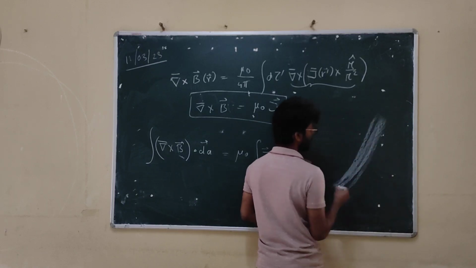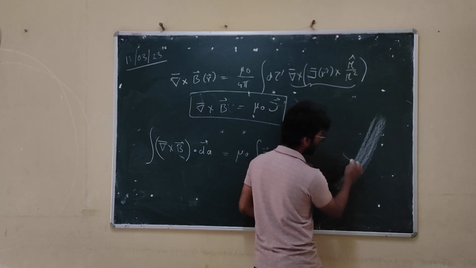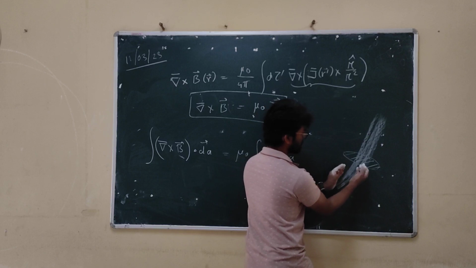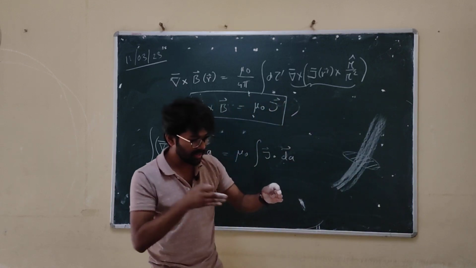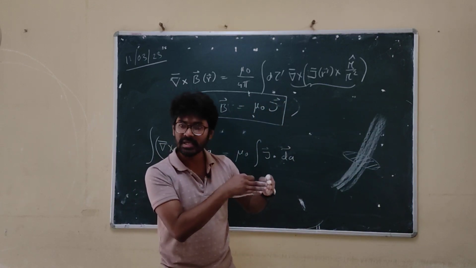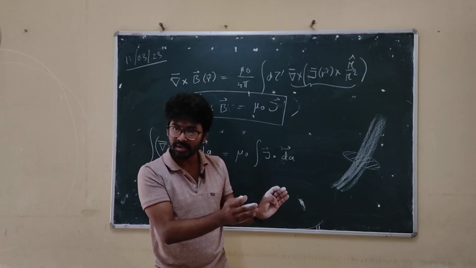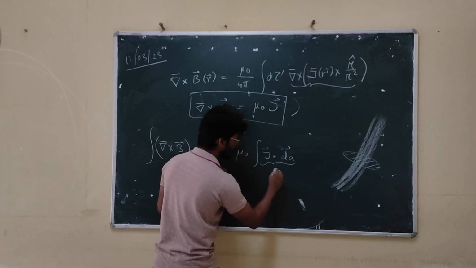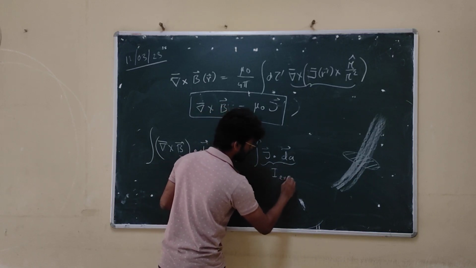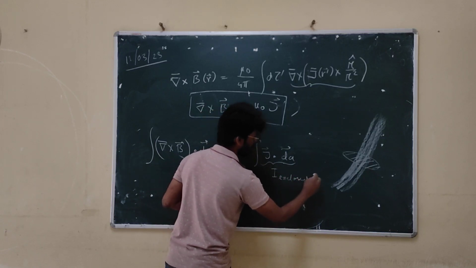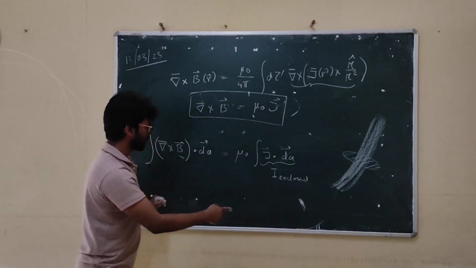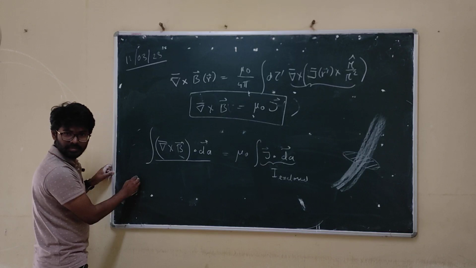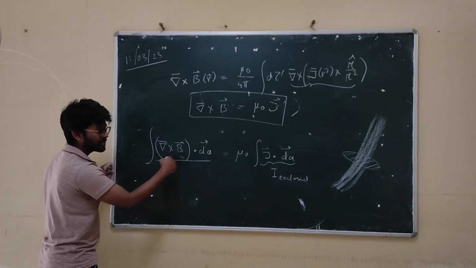You take an area, J is hitting this, and J dot dA will be the total current enclosed in that particular area. So this is just the current enclosed by that surface. And again you can use another theorem, that del cross B dot dA is B dot dL.